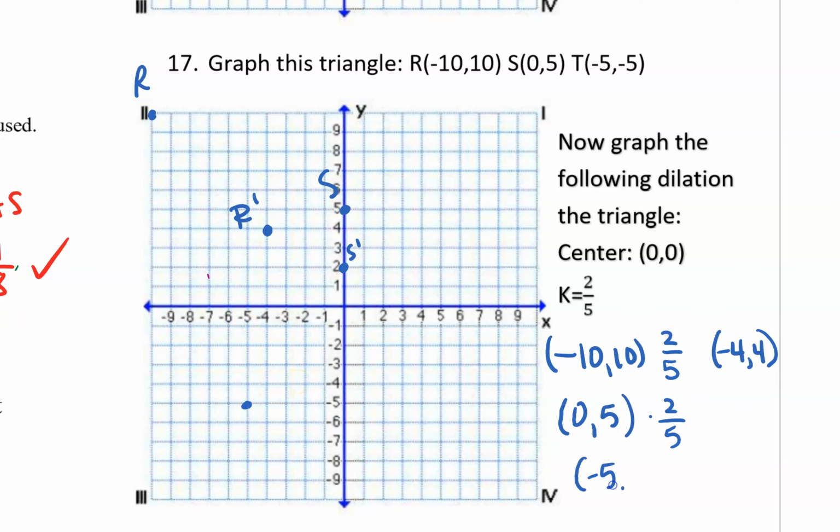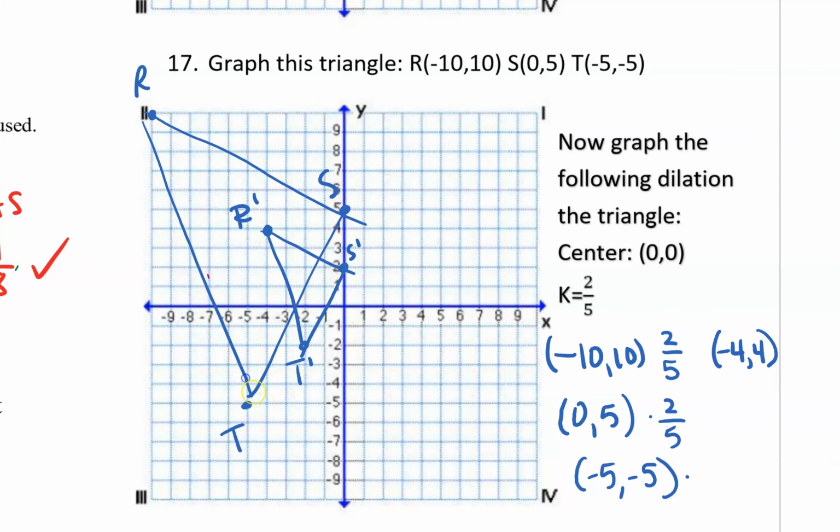And -5, -5 times 2/5 is -2, -2. This is T, this is T prime. So we got smaller by 2/5.